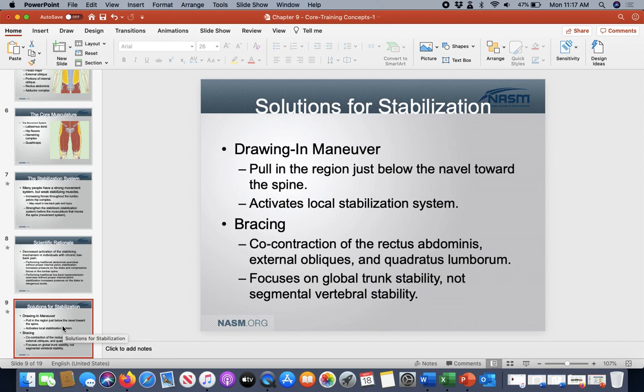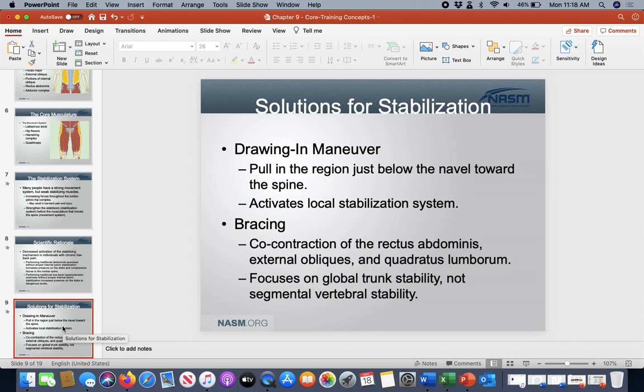I believe the cat camel is a really good example of that, where you're on all fours, quadruped, on your hands and your knees, and you're just doing in breathing. It's a breathing mechanism where you're trying to bring that belly button as far back into the spine as you possibly can, and that's going to draw in those local stabilizers to really help them. Very, very good exercise for that.